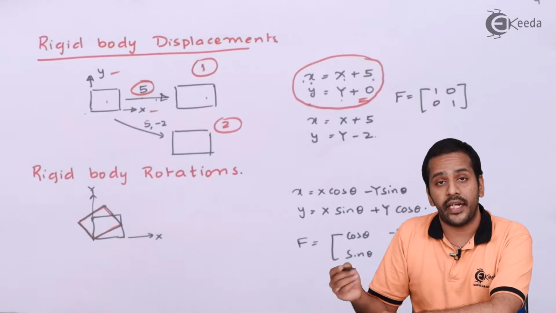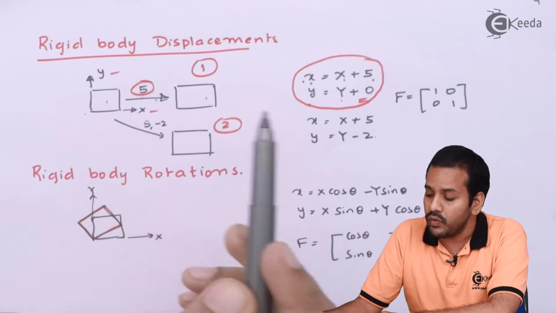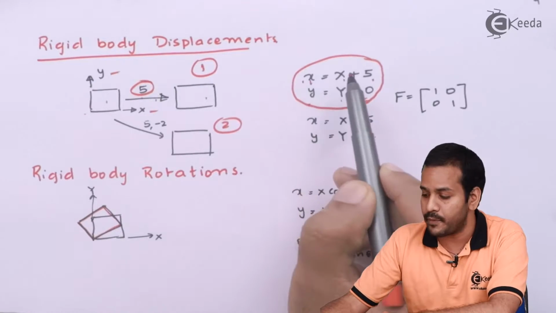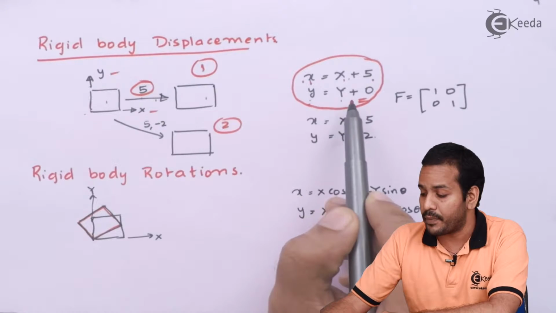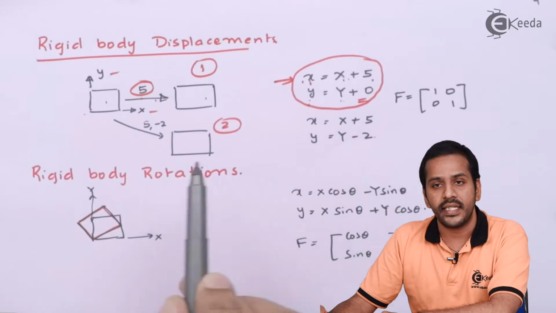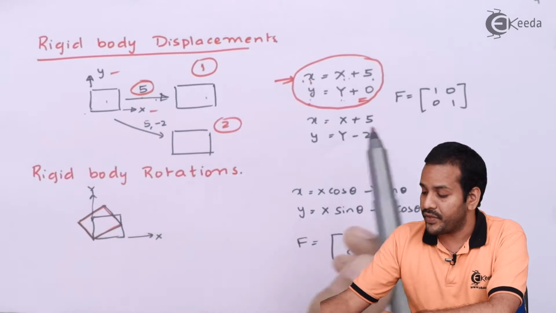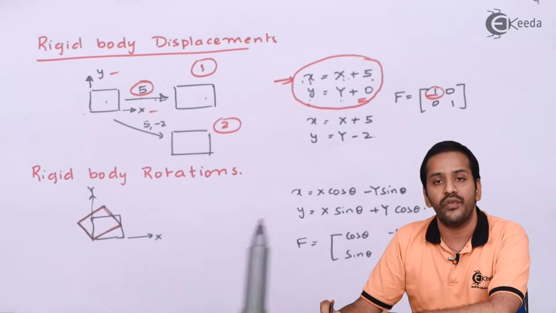If I want to calculate the deformation gradient for the first instance, I can just differentiate this function with respect to capital X and capital Y, and likewise small y with capital X and capital Y. If I differentiate small x with respect to capital X, the first term will be 1.